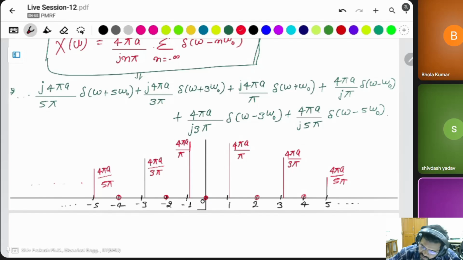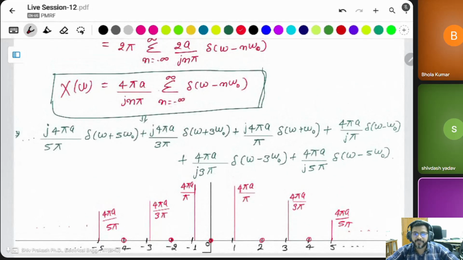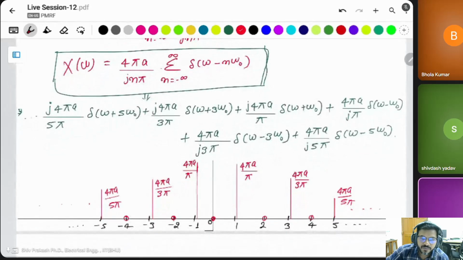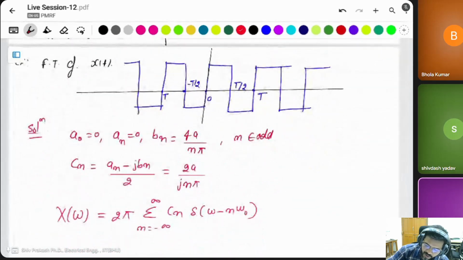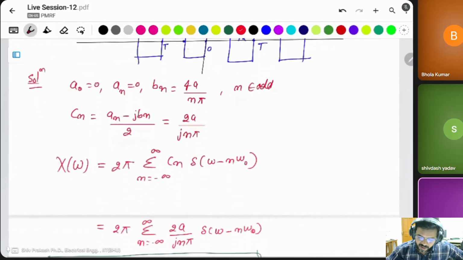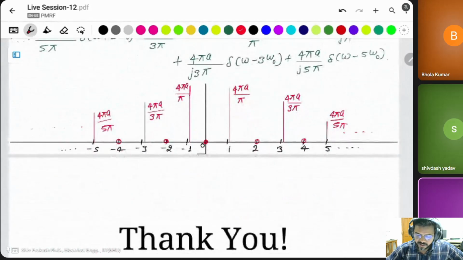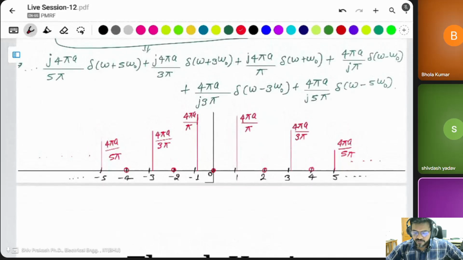This goes to infinity, because this function runs from minus infinity to plus infinity. This means you can say the Fourier transform of this type of periodic signal is this type of periodic in frequency domain.